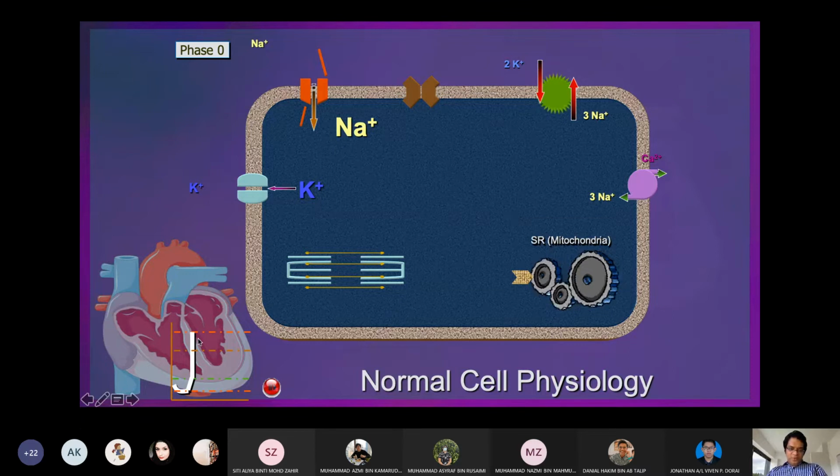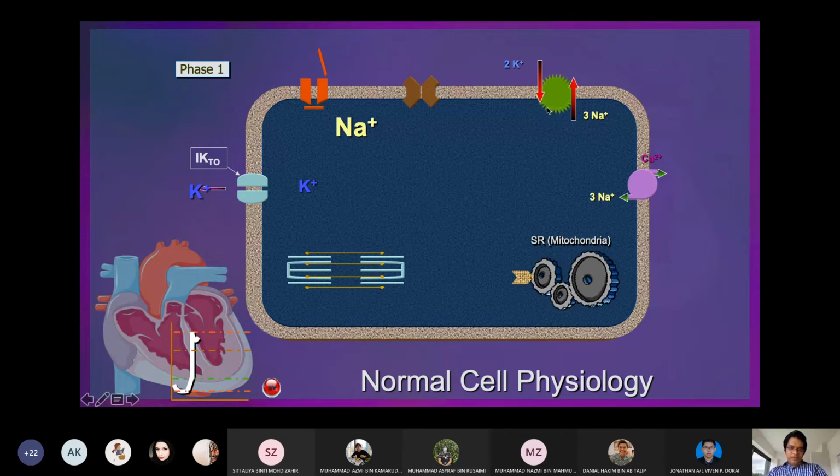After phase 0, phase 1. What happened in phase 1? Initial repolarization. In phase 1, there will be elimination of potassium. So elimination of potassium causes initial or slight repolarization. Please remember this is actually governed by your sodium potassium pump.